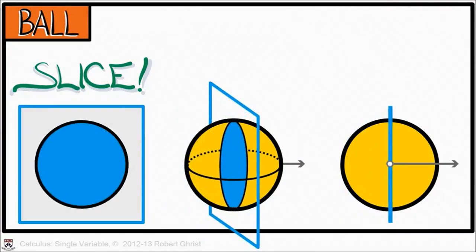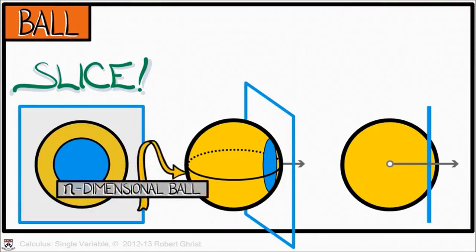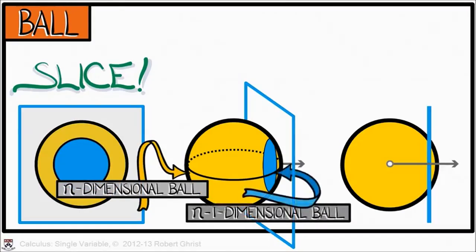We're going to do the same thing in this context, but instead of a three-dimensional ball with a two-dimensional slice, we'll begin with an n-dimensional unit ball and obtain an n-1 dimensional ball as the slice. The subtlety is in figuring out what is the radius of that n-1 dimensional slice.